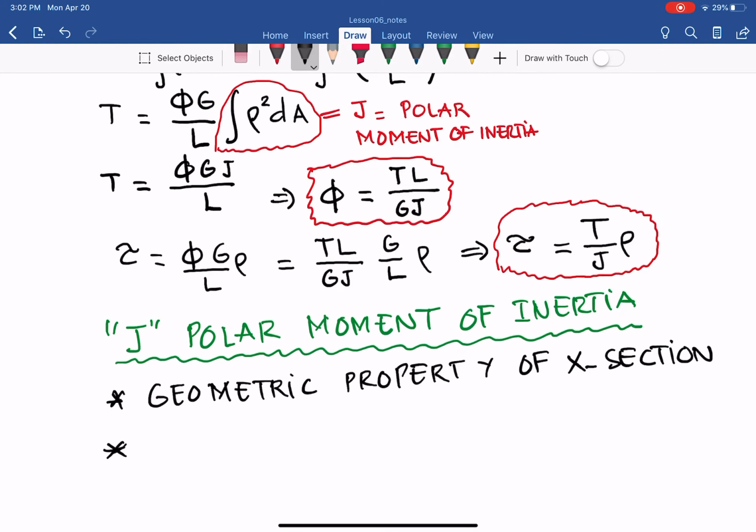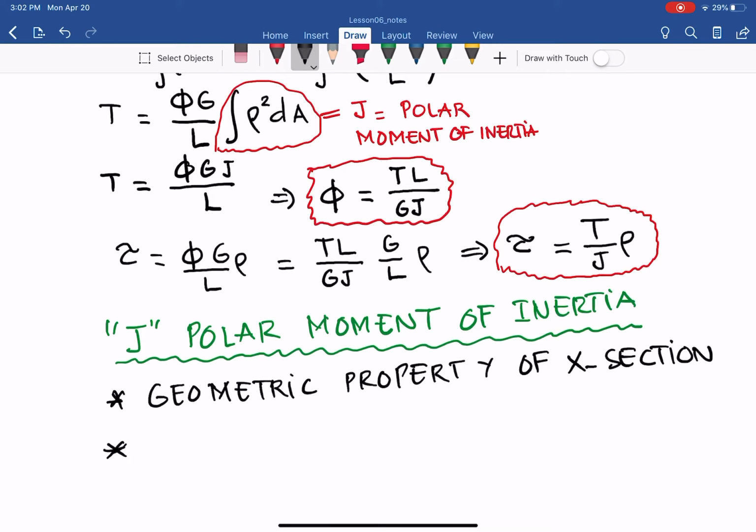Similar to, if you recall, in rotational motion, the mass moment of inertia is resistant to angular acceleration, right? And the area moment of inertia in the previous lesson is resistant to the bending moment that we are going to talk about later on.